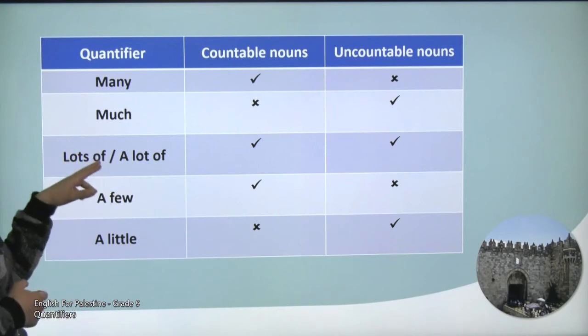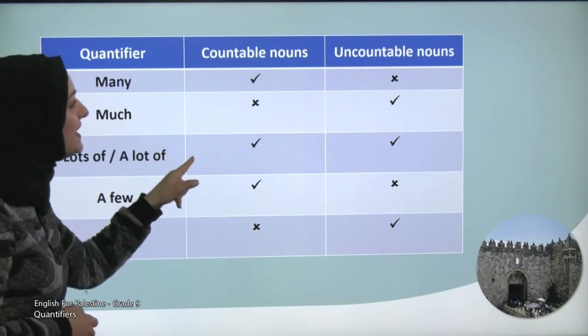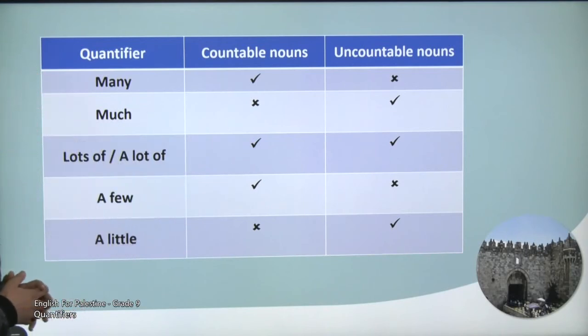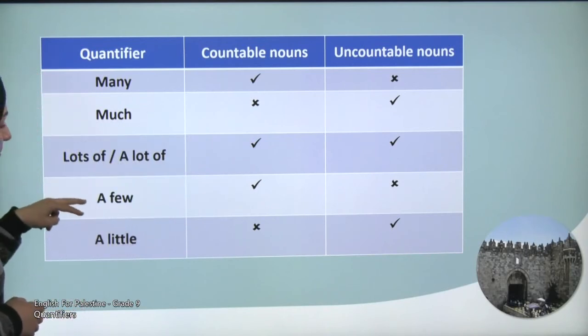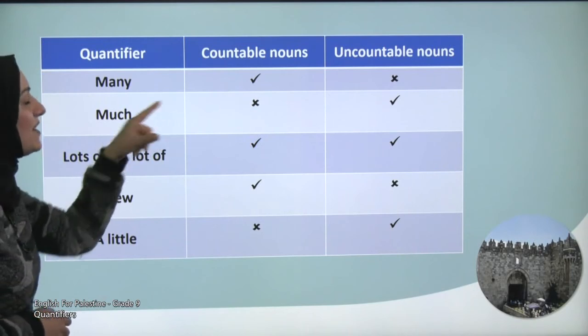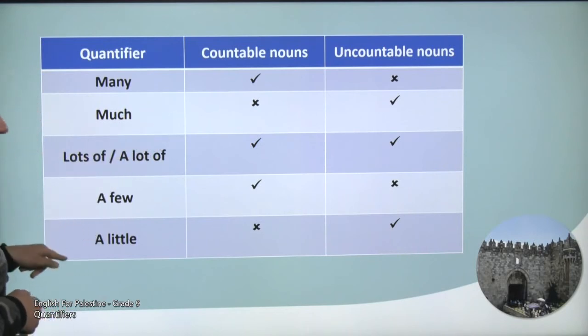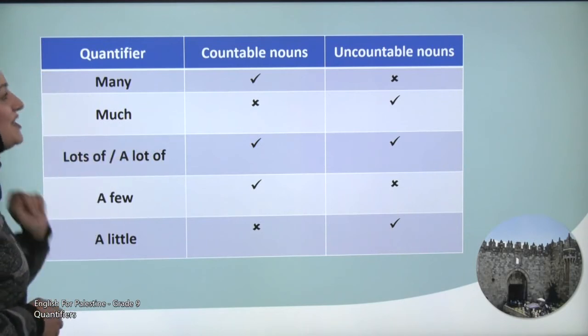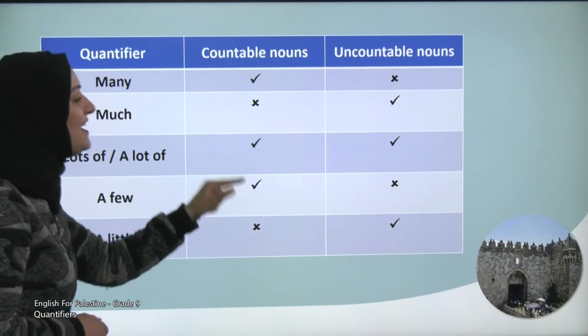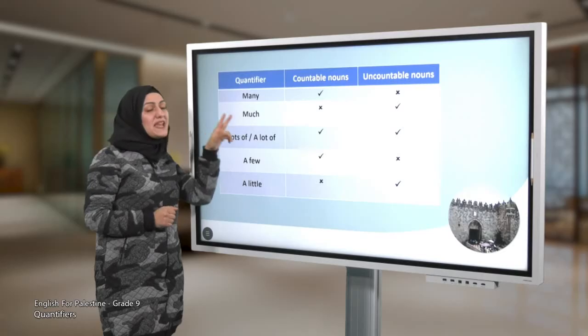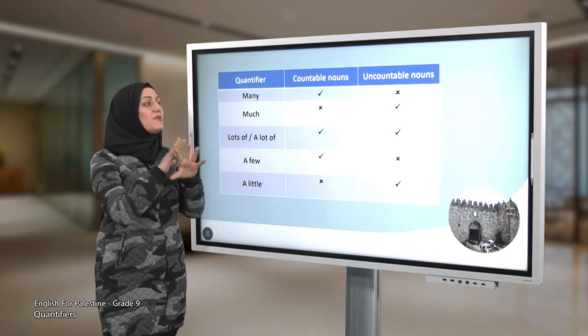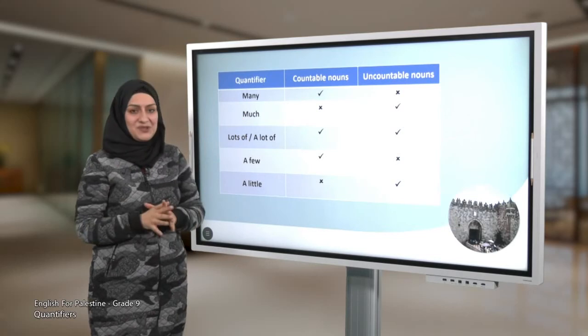Why? Because they are both used with countable nouns and uncountable nouns. Now, a few is the opposite of many, so it is used with countable nouns, and a little is the opposite of much, so it is used with uncountable nouns. Please study this table that summarizes the whole lesson for today.